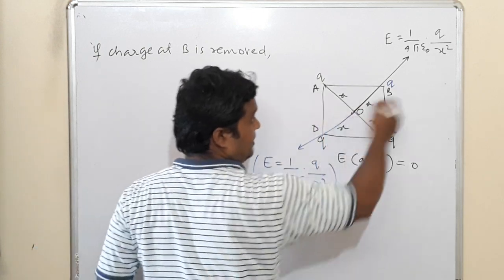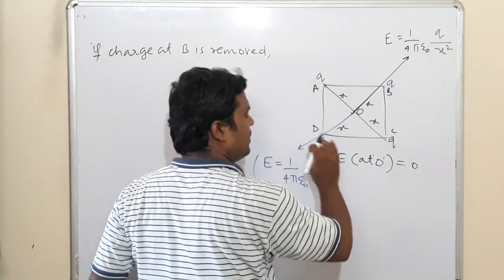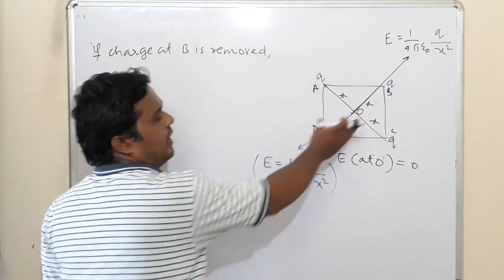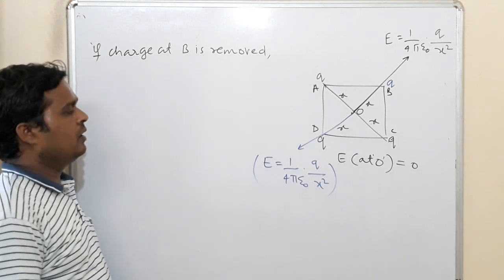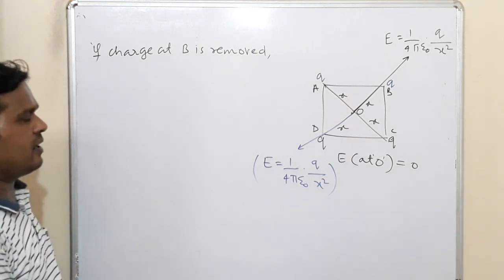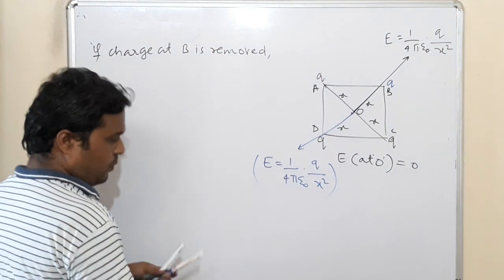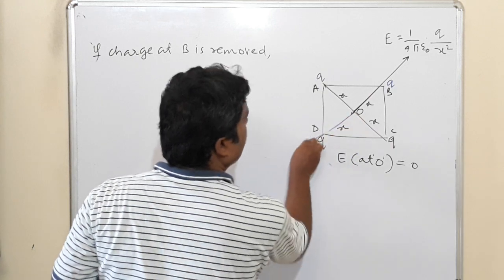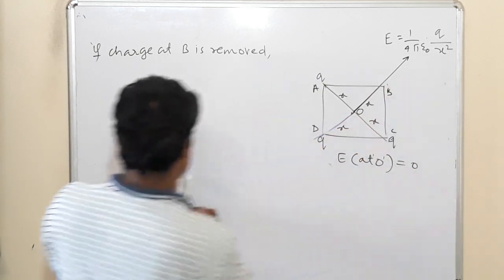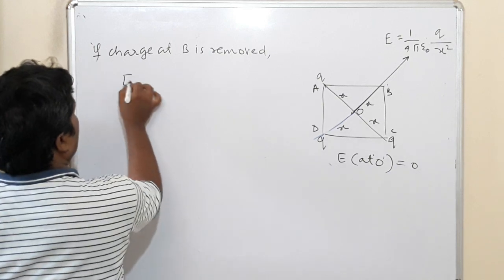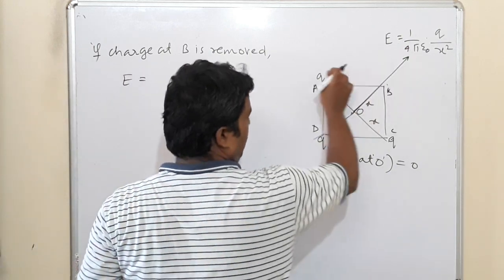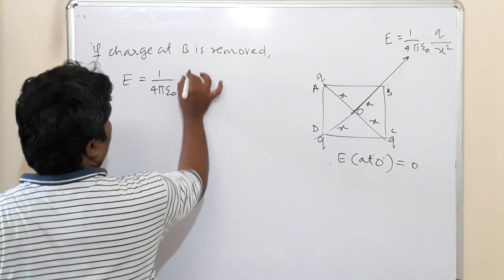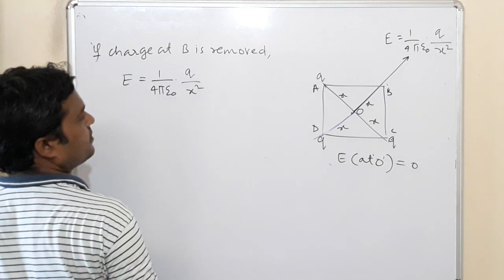It is not 3q, of course it is electric field due to 3 charges, but it will be equal to the electric field of the removed charge. What is the electric field of the removed charge? If q is removed, then only the electric field due to the remaining 3 charges will remain. That is equal to 1 by 4 pi epsilon naught q by x square. Okay.